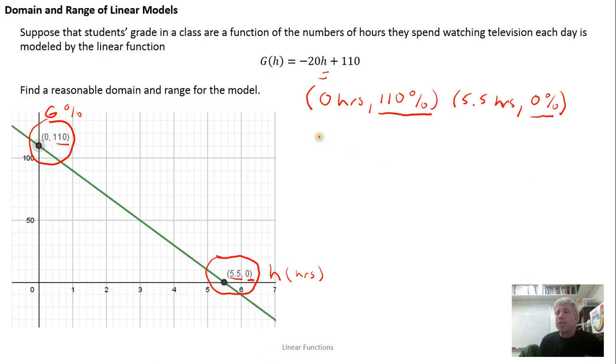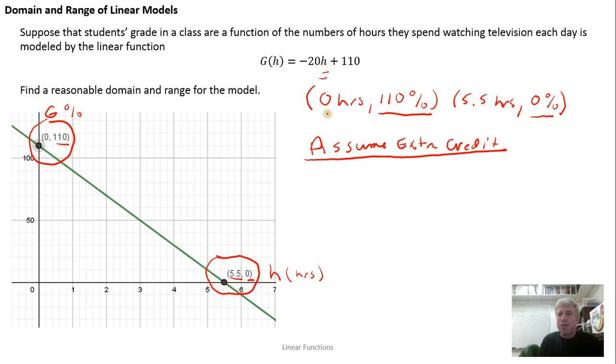So I think that these intercepts could give us a reasonable domain and range for the model if we assume extra credit is being given. So assume extra credit. And if we do that, then I think we could give a domain and range for the problem based on those two intercepts.